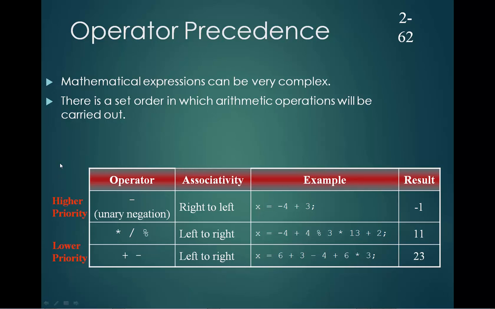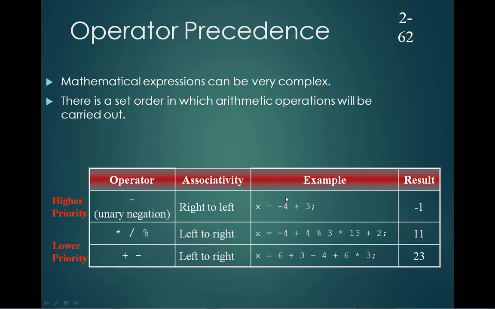Okay, so the highest priority of the operations that we've seen so far is the unary negation operator, the minus sign, when it's used in a unary fashion. In other words, when it's not used to subtract one number from another, but instead is attached kind of to the left-hand side of a number.